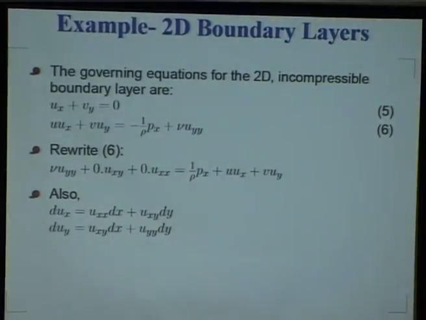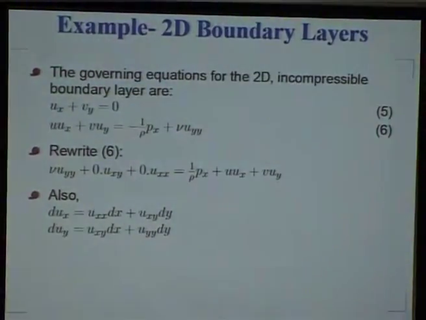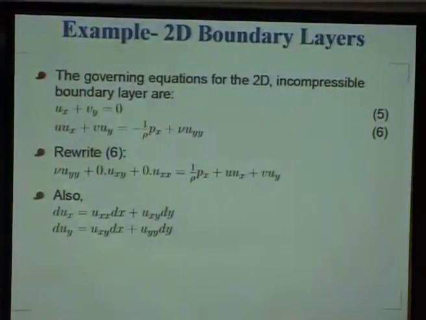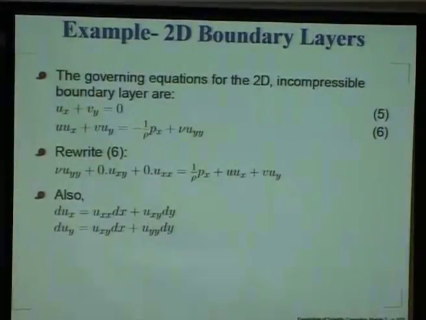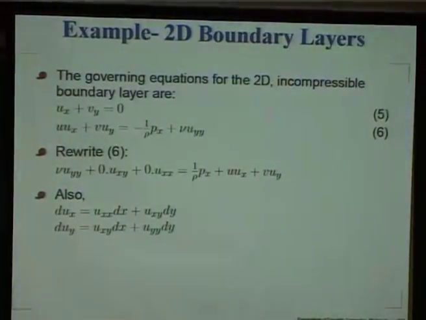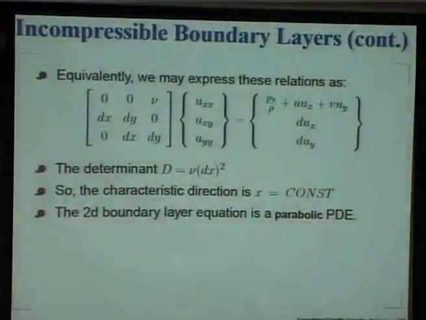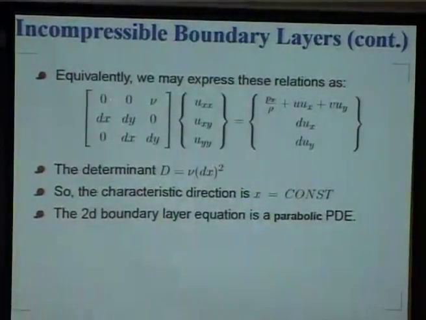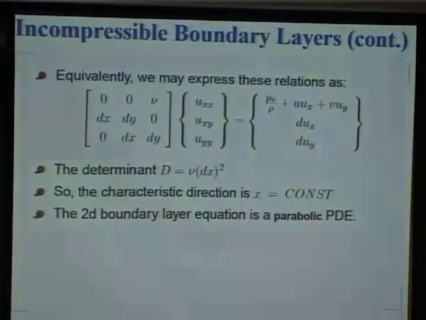That was our boundary layer assumption. Boundary layer theory gave us that we can safely drop u x x in comparison to u y y. Suppose I would have retained that u x x here, then what would you have obtained? You would have obtained here a nu in the 1 1 location, right.